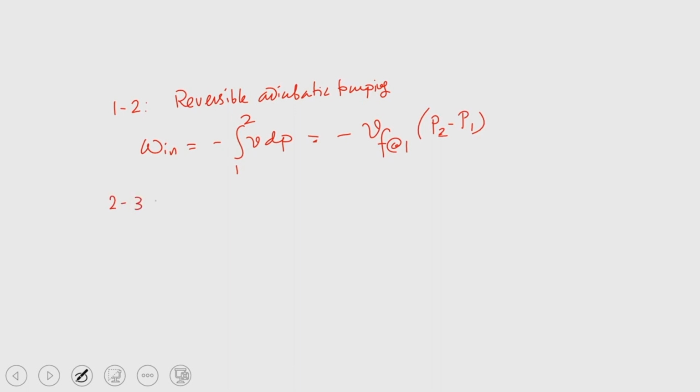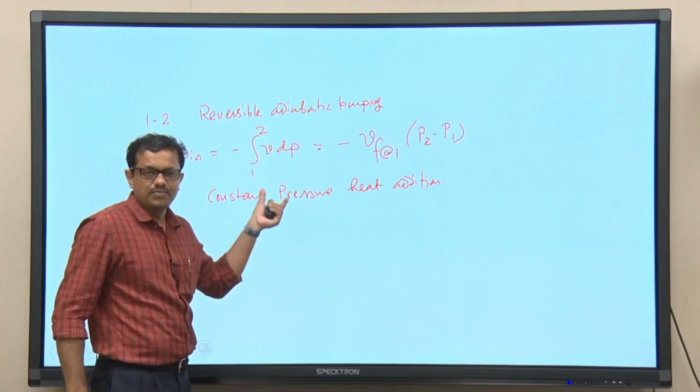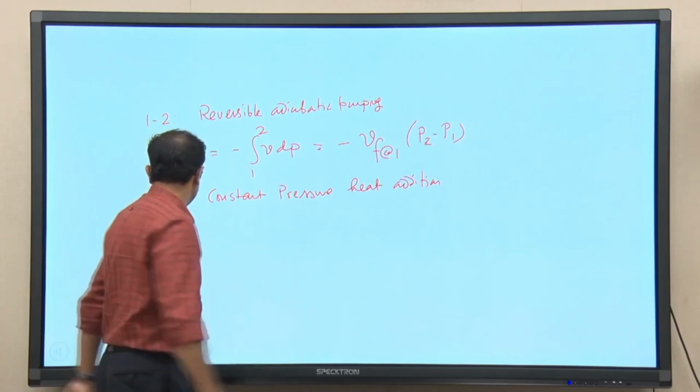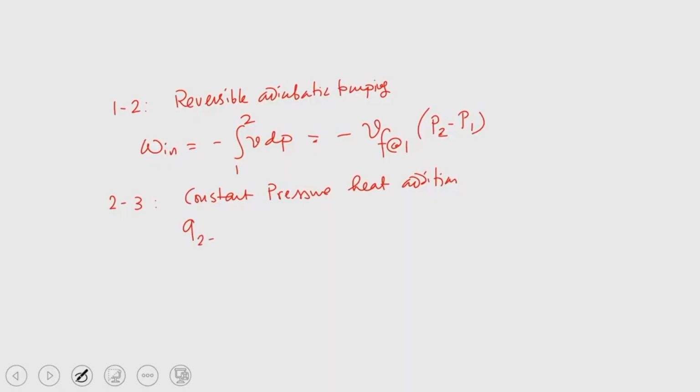Now, process 2 to 3 is constant pressure heat addition. So, it is not heat addition at constant temperature, rather it is constant pressure heat addition. So, Q in, that is H 3 minus H 2. I am writing this heat addition, that is the specific heat which is added, H 3 minus H 2.